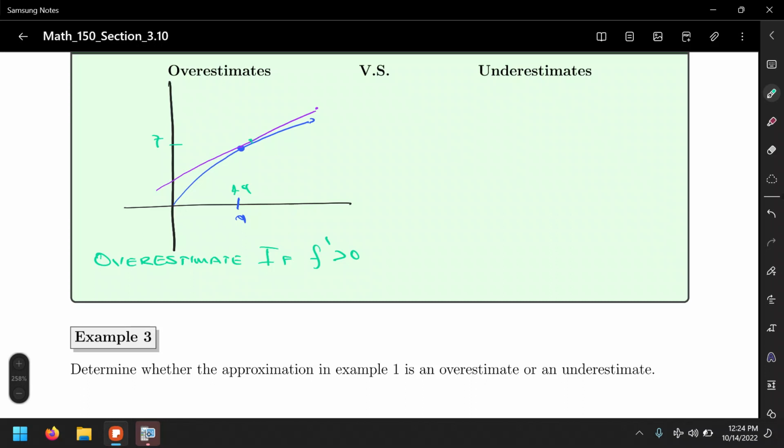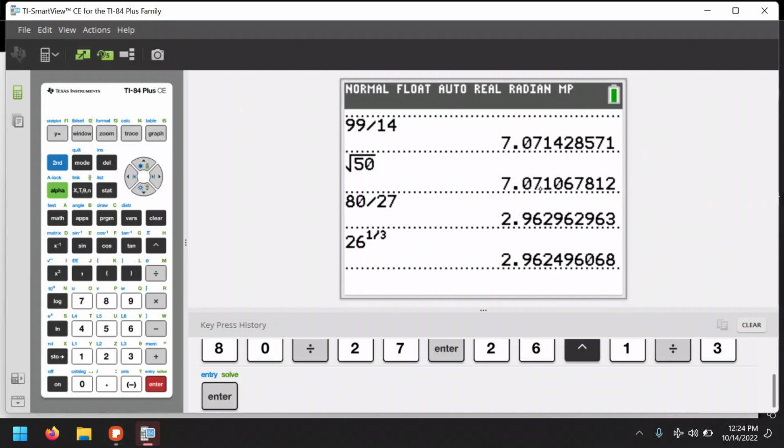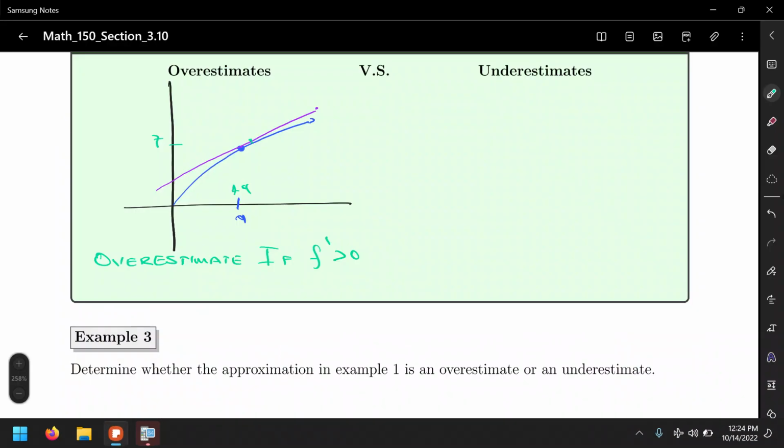And if we go back to the graphing calculator, square root of 50 is 7.07106, that's the actual value. But the approximated value, do you see how it is slightly bigger? Because it is slightly bigger, in this case, we have an overestimate. It's not like the largest overestimate, just slightly by decimals.